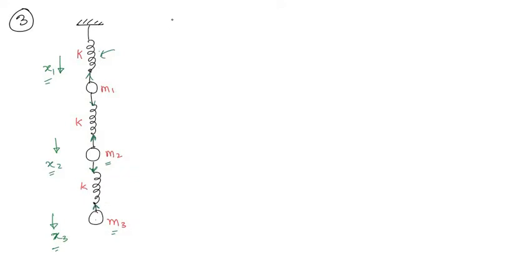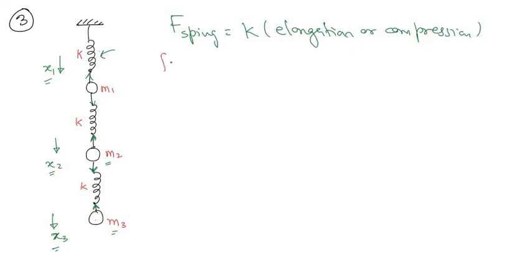What I have told you is that the spring force is generally K times elongation or compression. Using this concept I will write these equations of motion. So let us write for m1.